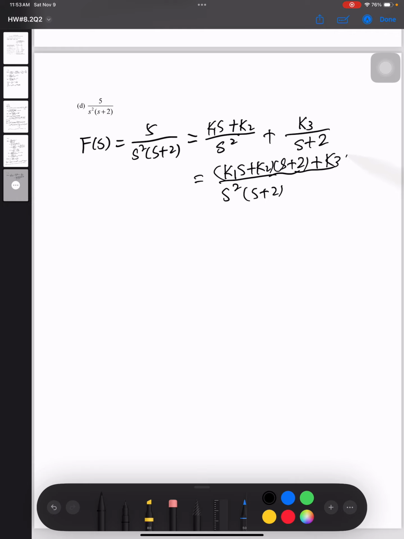Because here we have s squared, we can cancel out this square term.